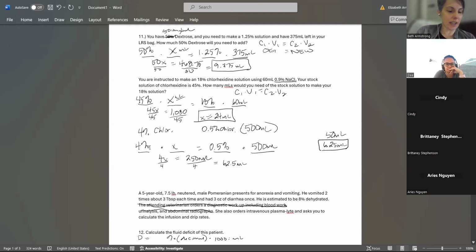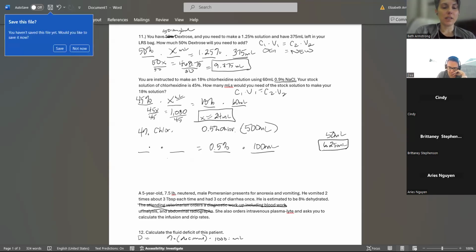So say somebody made chlorhexidine for you. They put it in a 100 ml bag, and we'll say this is 2%.